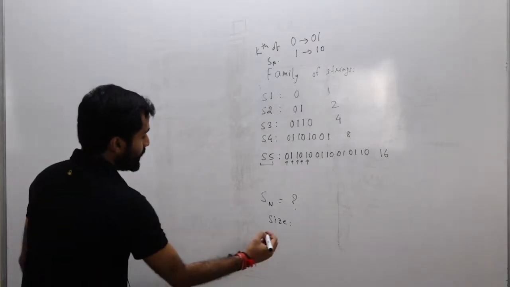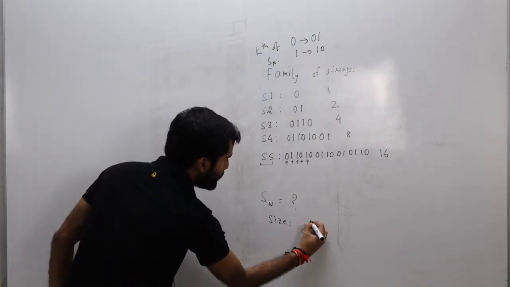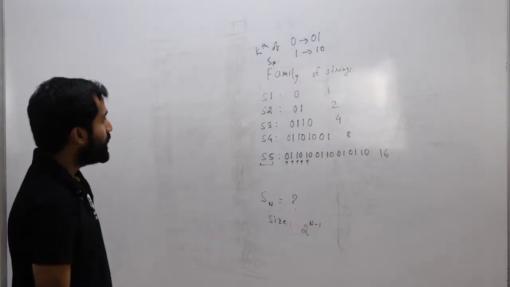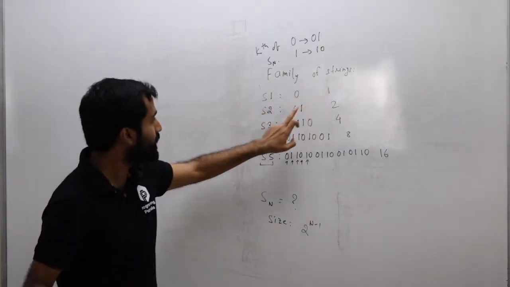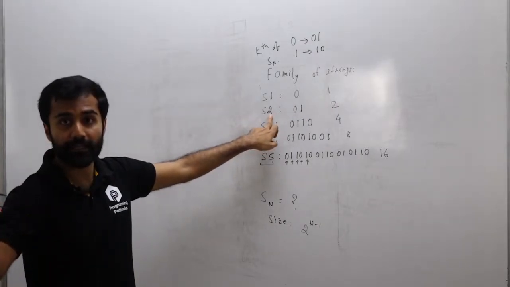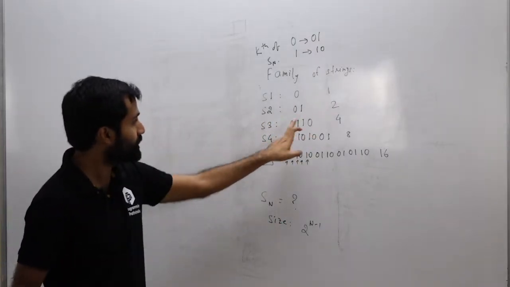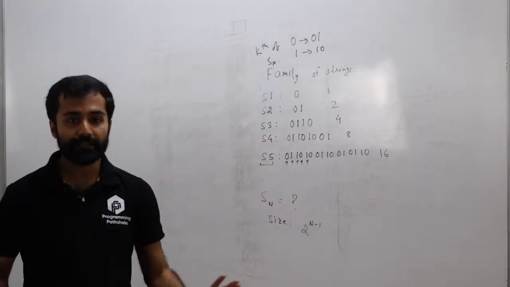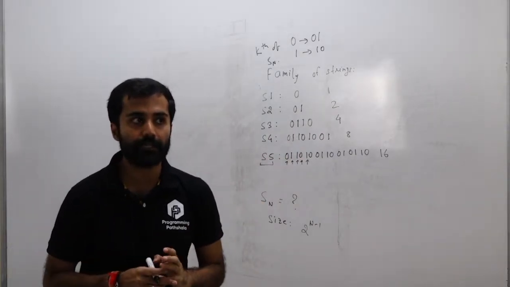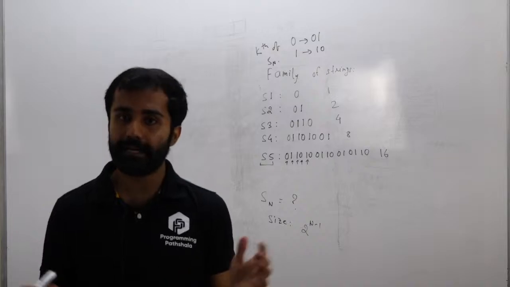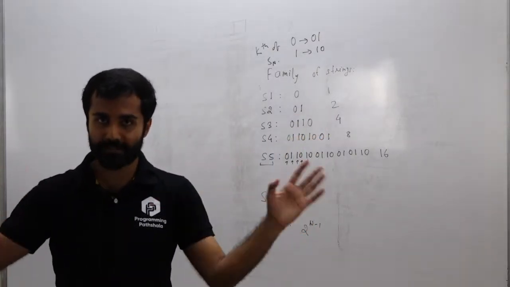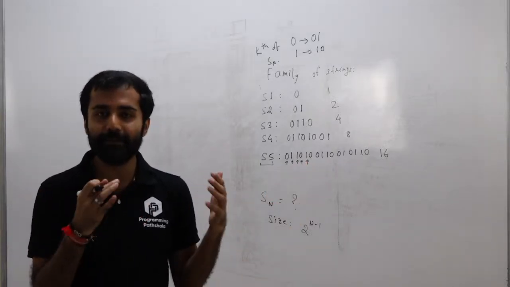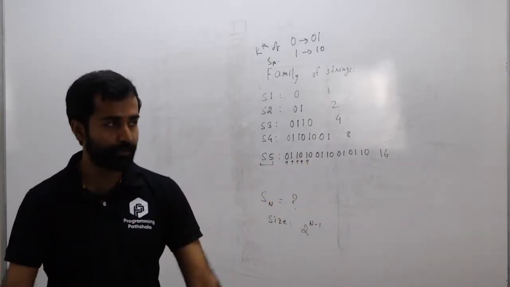The pattern is 2 raised to power n minus 1. 2 raised to power 1 minus 1 is 2 power 0, which is 1. 2 raised to power 2 minus 1 is going to be 2, then 4, and so on. So the size of the string is going to be 2 raised to the power n minus 1. So we know how many characters are going to be there. Of course, there will be so many, so it will demotivate us from generating the string. I'm never going to do that.